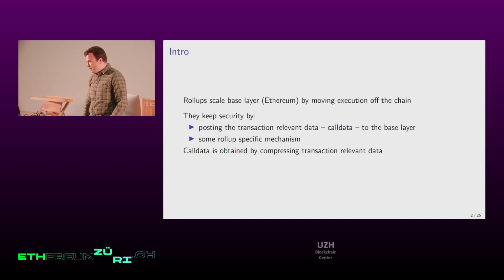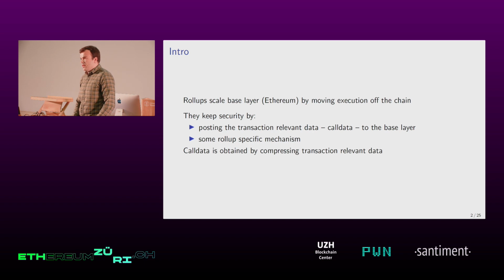Now, what are rollups? This is probably the shortest introduction to rollups. The purpose of rollups is to scale the base layer, and in our case it's Ethereum, but in principle it can be some other layer 1 blockchain. It does so by moving the execution phase off the chain. But they inherit the security of the base layer by posting the transaction-relevant data, which is called call data, to this base layer.